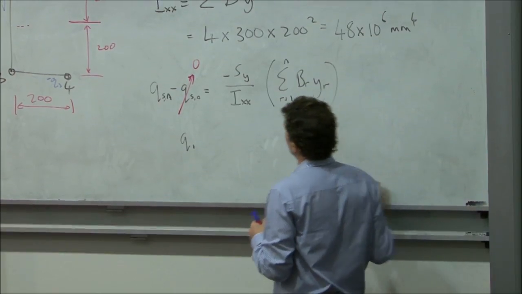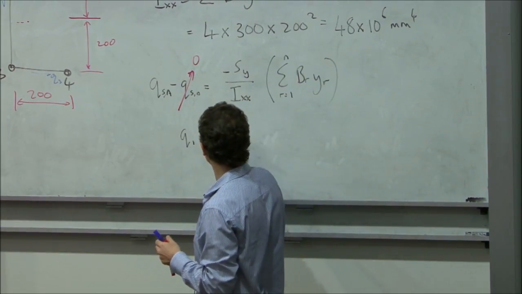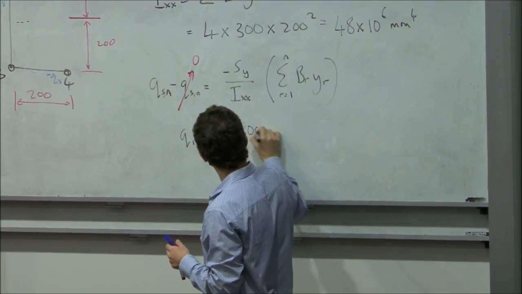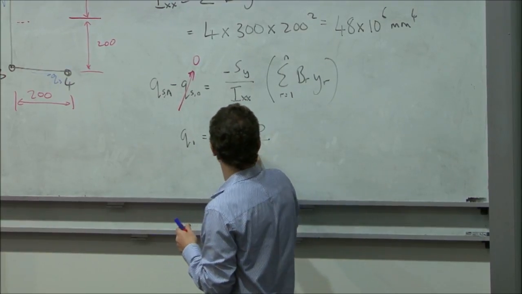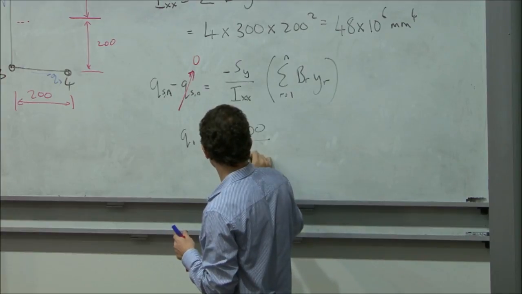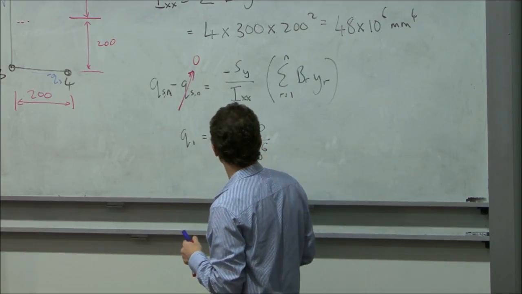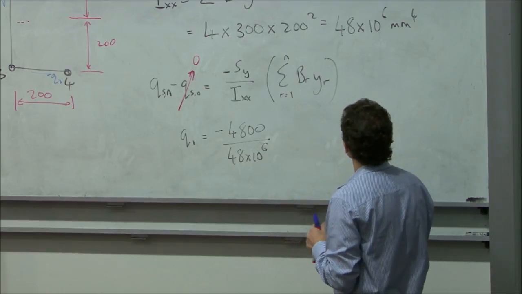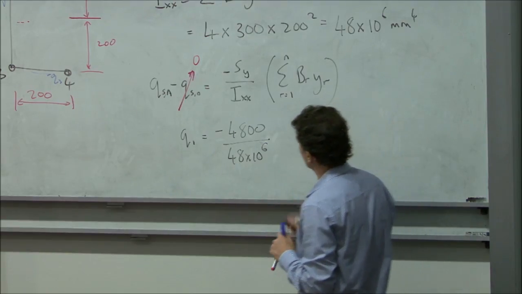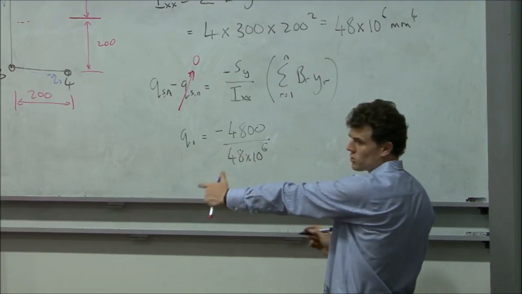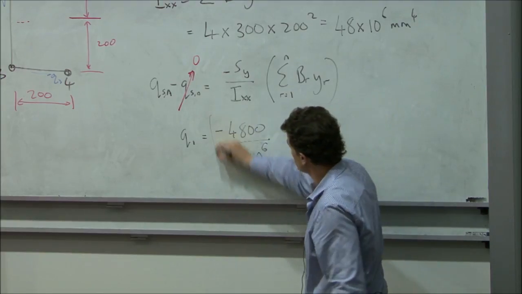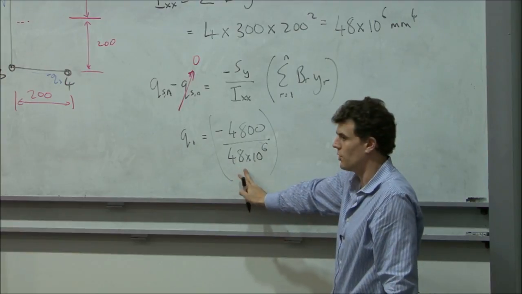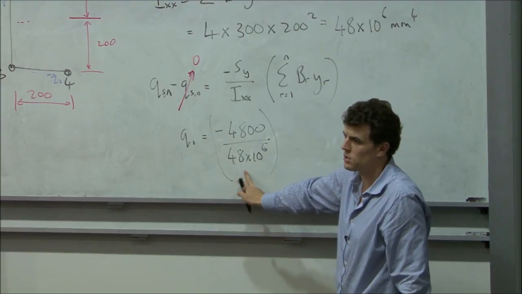Q1 equals minus 4,800 on 48 by 10 to the 6. And wasn't Megson nice to use something that would cancel out so nicely? Okay, and that's going to be constant for all of the problems. So if you're doing these problems, it's good to calculate that first, because that doesn't change.